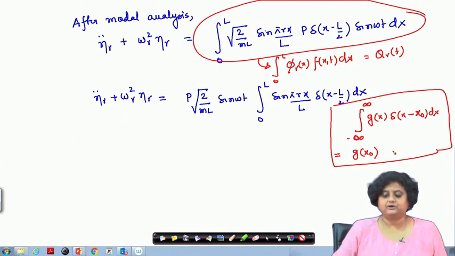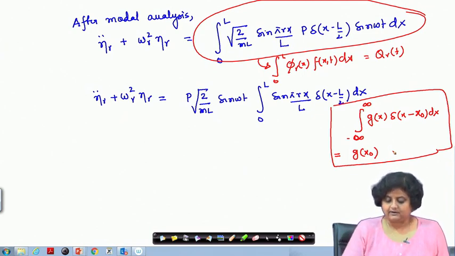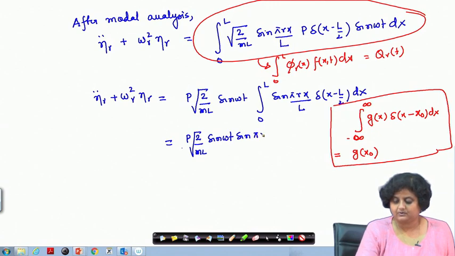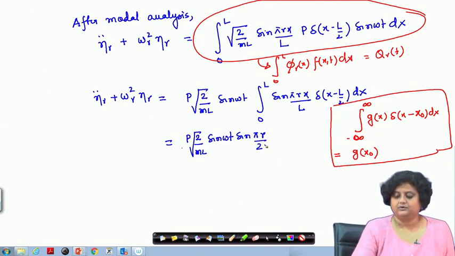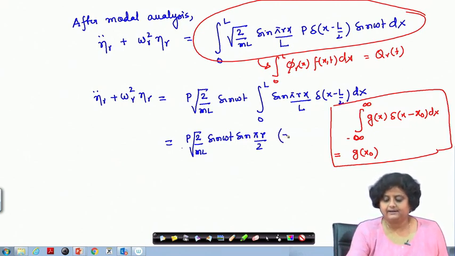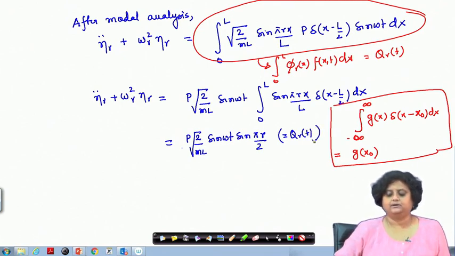So, this is the expression that we got for the Dirac delta function. Therefore, this whole right hand side is going to be a function of time, the Q r(t).